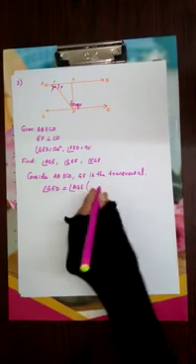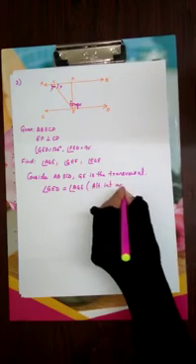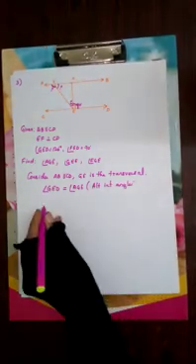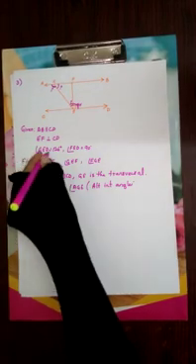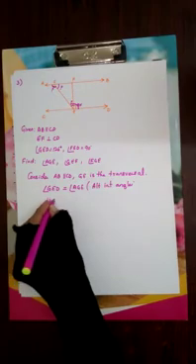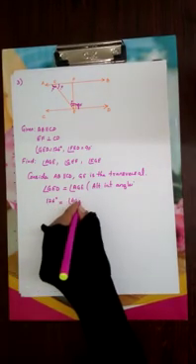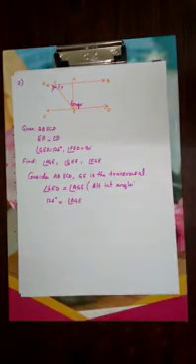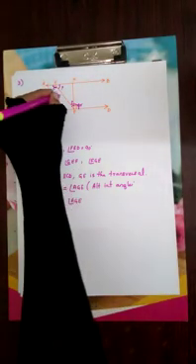What is the reason? Alternate interior angles. Yes. Now, what is angle GED? Angle GED is given to us as 126 degrees. Yes, 126 degrees is equal to angle AGE. One of the angles we have found. We have found it as 126 degrees.